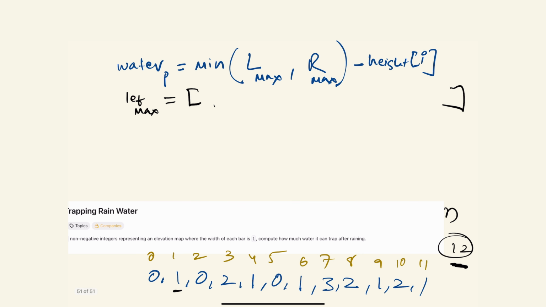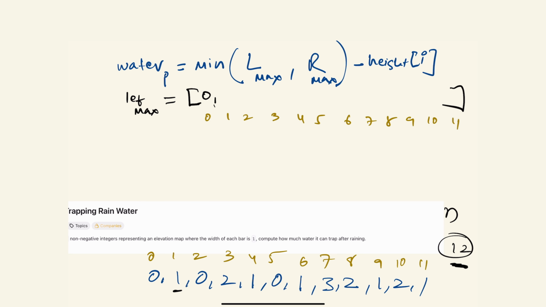Let me write the index in a different position: 0, 1, 2, 3, 4, 5, 6, 7, 8, 9, 10 and 11. Now at 0 position, yes, the max is 0 only, because there is no wall on the left. So I can't say any wall is there which is bigger than this index. That's the reason I always copy 0 at index 0.